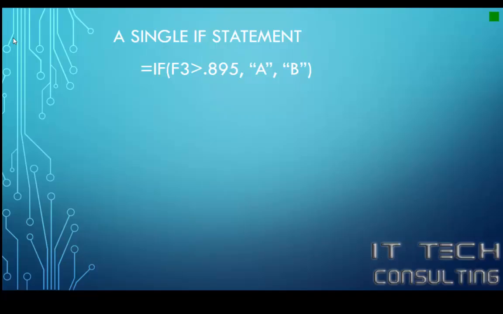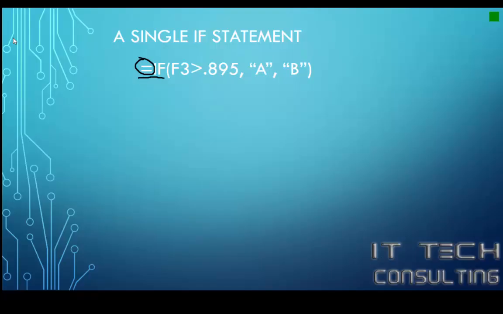Okay, let's go ahead and start with the simple if statement. A simple if statement is written like this. Equal if. Anytime you write a function in Excel, you always start with an equal symbol. So in this case I wrote equal if, and then you're also going to need an open parens.